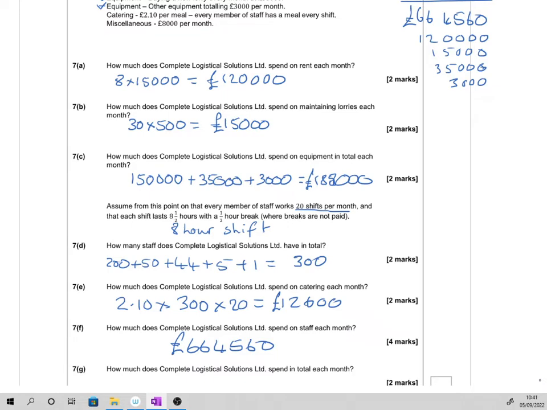Yes, 12,600. So we need 12,600 for that. And miscellaneous is 8,000. Right, so now we need to add all of that up.